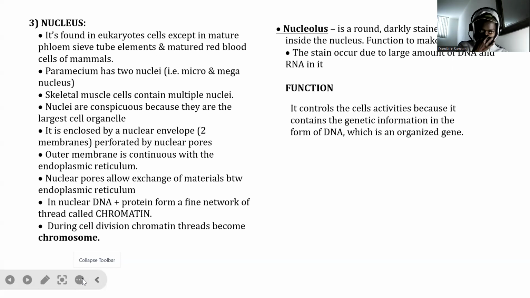Now, I want us to take note of something. The reason I'm putting it in the form of points here is that when people say, write a short note on the nucleus, are you getting me? Just put it out in the form of points like this, so it will be easy for an examiner or someone who is marking to look at it and say, this is a point, mark whatever you want to mark and go.